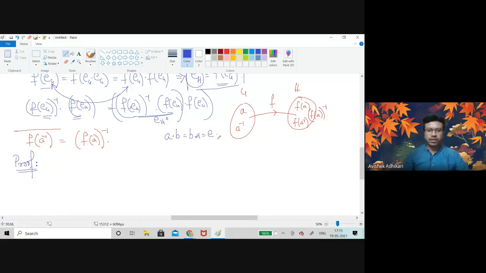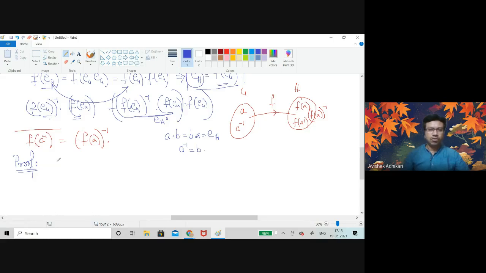That's all. Here all the elements are from H, so you need to show that it is equal to E of H. Then A inverse equals B, right? So this inverse is this.